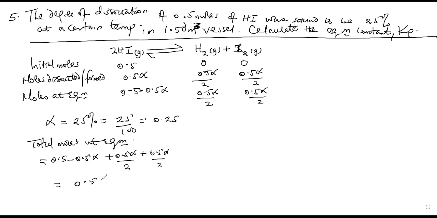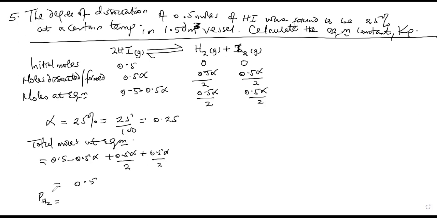So the total moles at equilibrium is 0.5, meaning that the partial pressure of hydrogen will be 0.5 alpha over 2 times total pressure. Actually, it is the moles of hydrogen divided by the total moles.